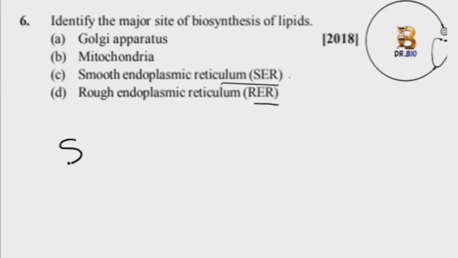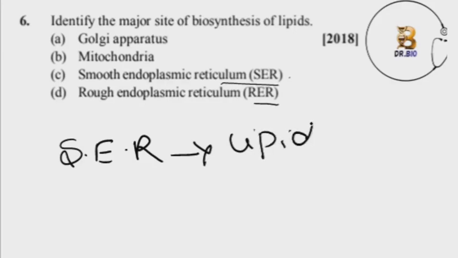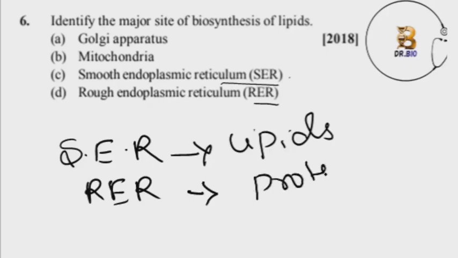The smooth endoplasmic reticulum is used for synthesis of the lipids and the fats. When it comes to the RER, it will be helpful in producing the proteins. So protein biosynthesis is done with the help of RER, and SER is useful for lipid synthesis.